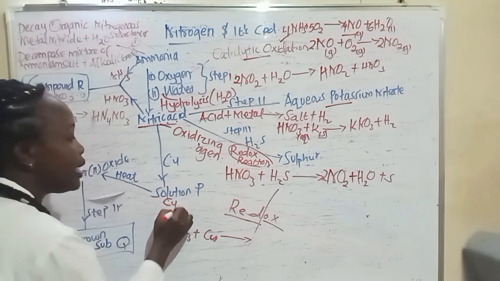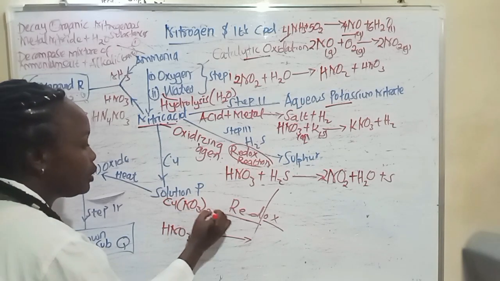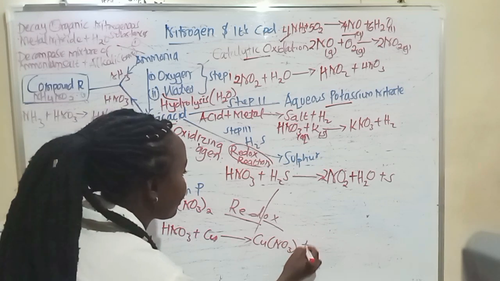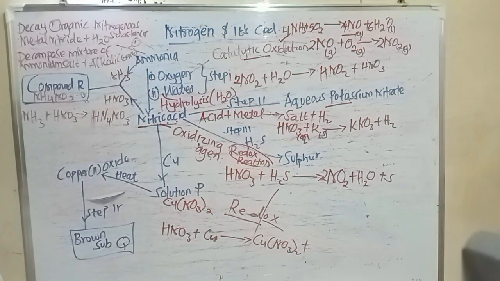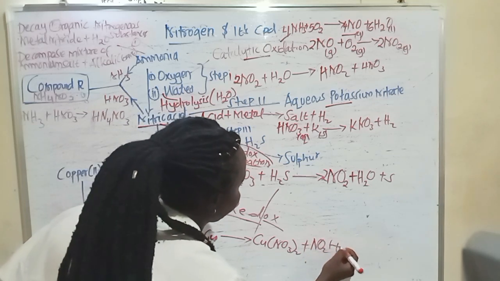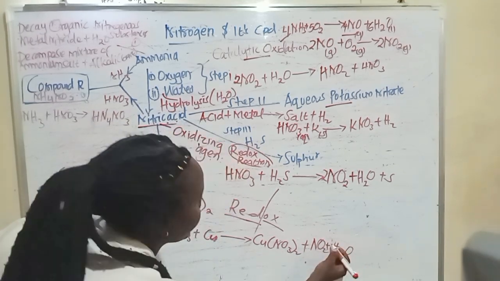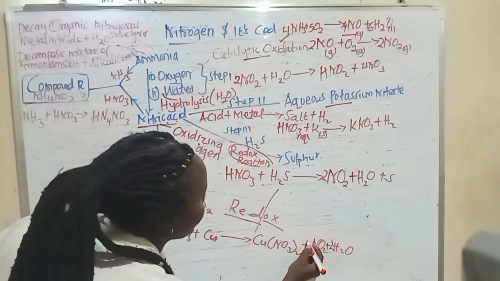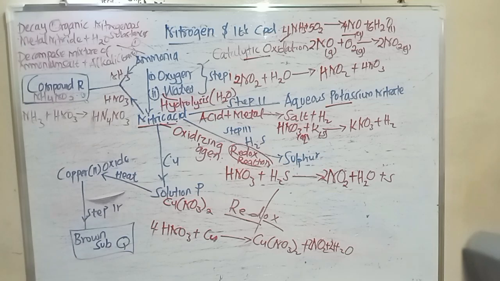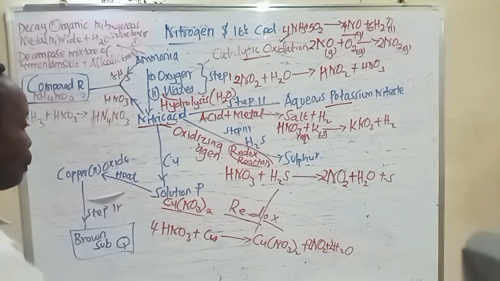So solution P is our copper 2 nitrate, plus nitrogen 4 oxide plus water. And we balance by putting a 2 there, a 2 there, and a 4 there.